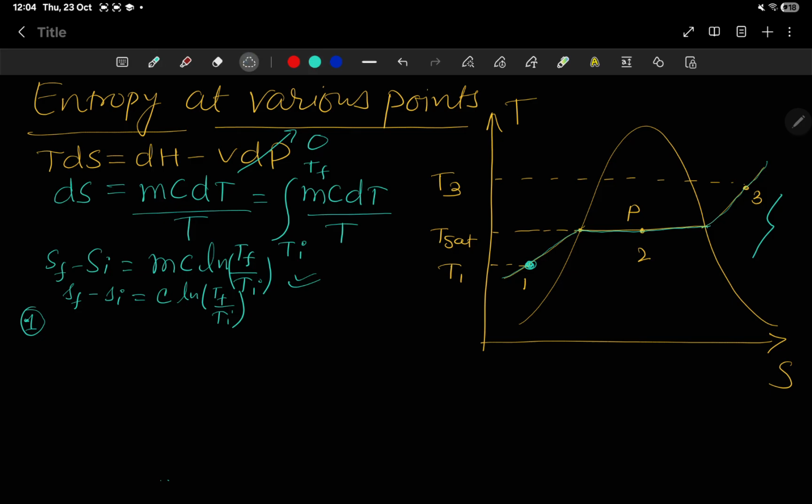Okay, so now let's write the specific properties at different points.